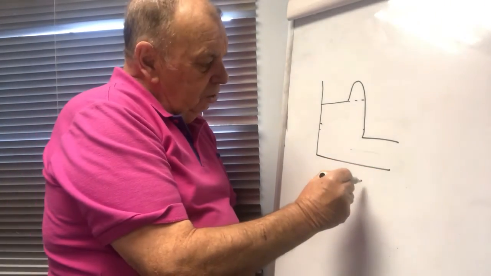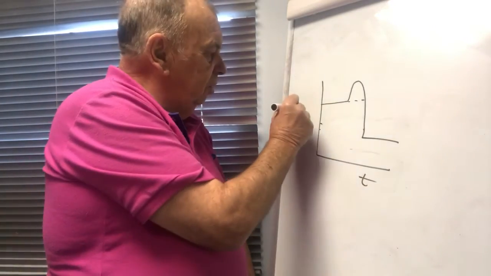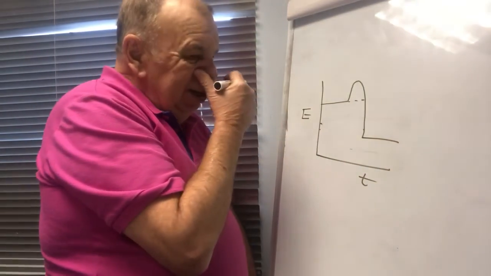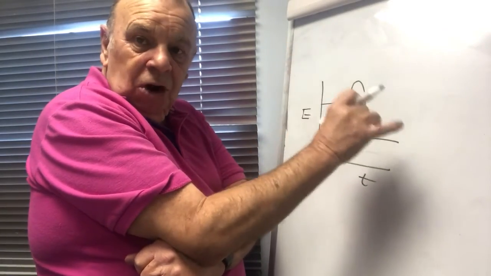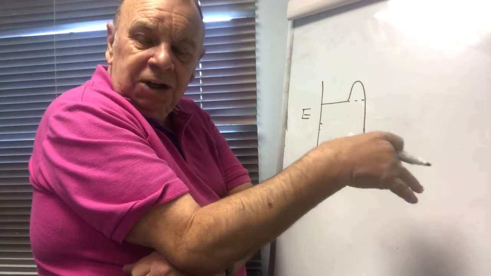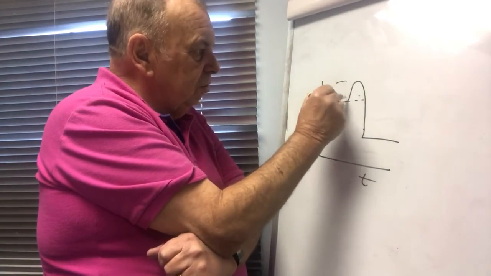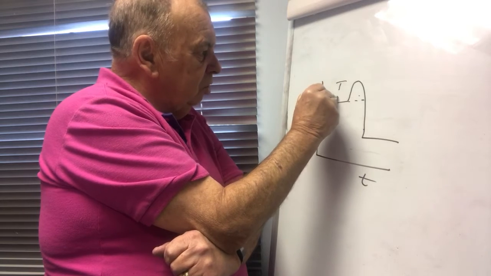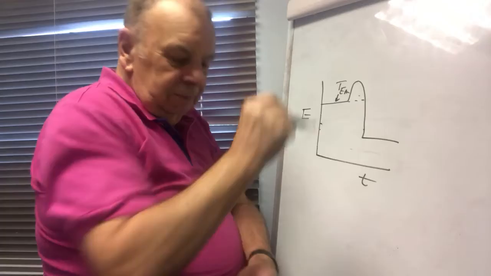Don't forget, this was the time or the extent of the reaction, and this was the energy. So the amount of energy I have to apply to start off a reaction, once it starts, it continues, but that is called the activation energy, and let's just, for sake of it, call it EA.